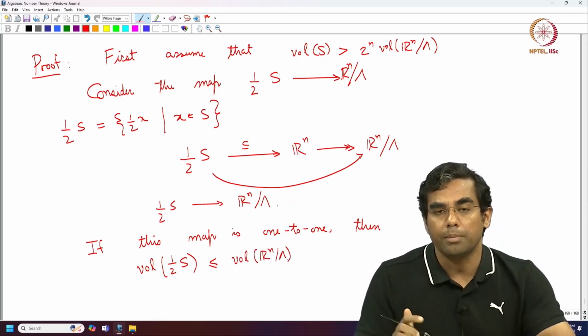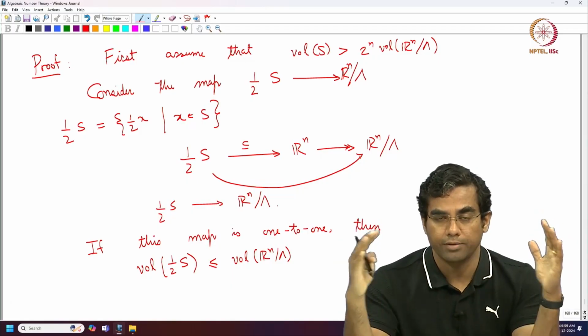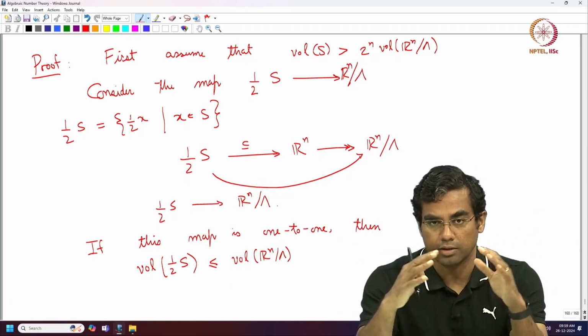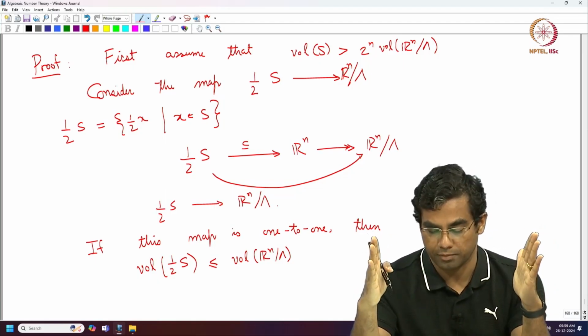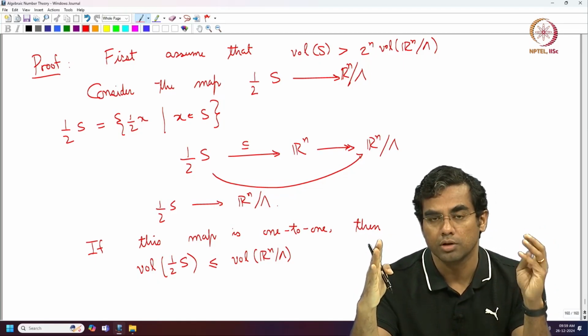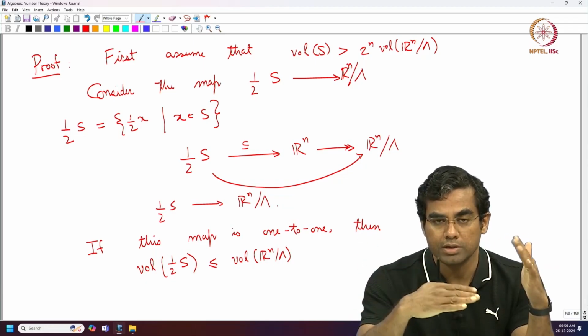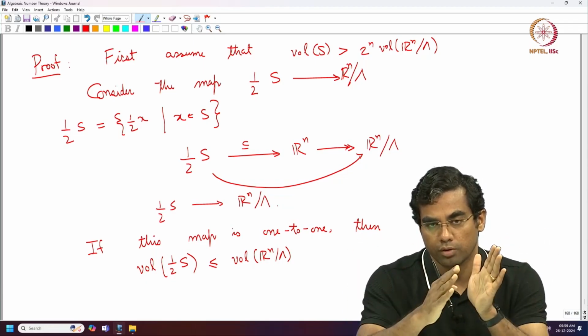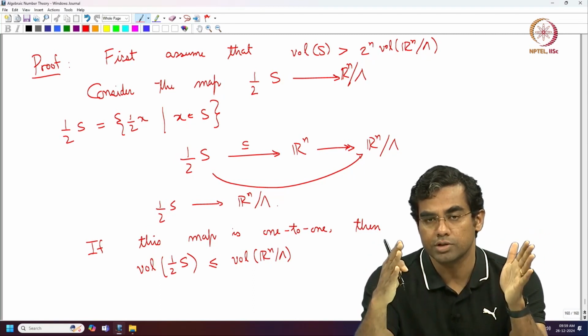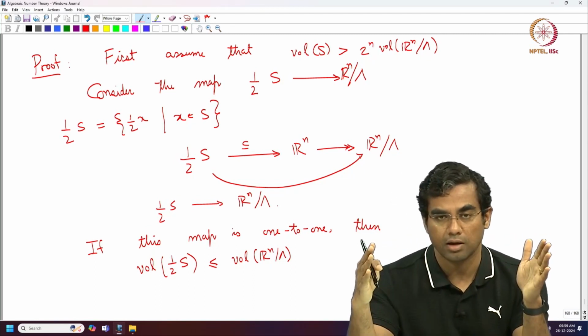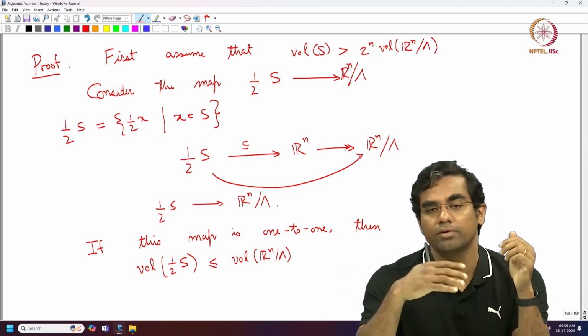Okay. And what happens when you halve the set from every direction? For example, think of a square in 2 dimensions. If you halve each side of the square, you get a square of half the side, and its volume, which in the 2 dimensional case is area, decreases by 4.